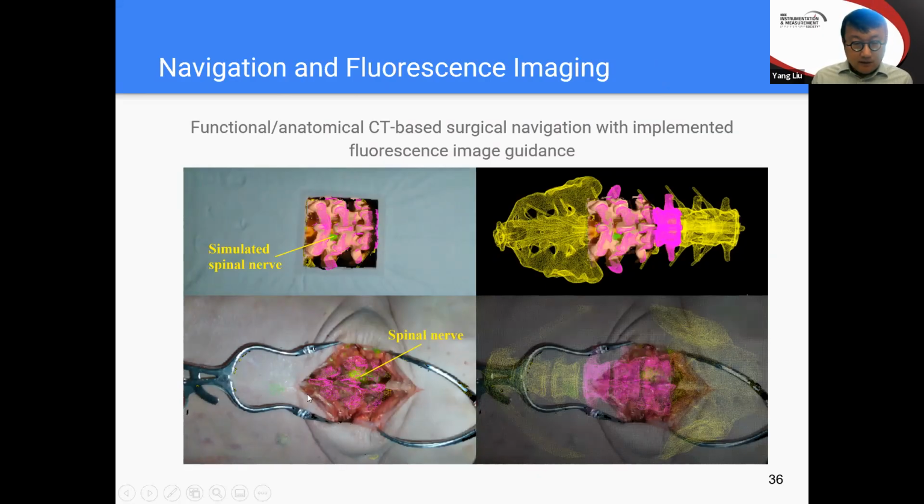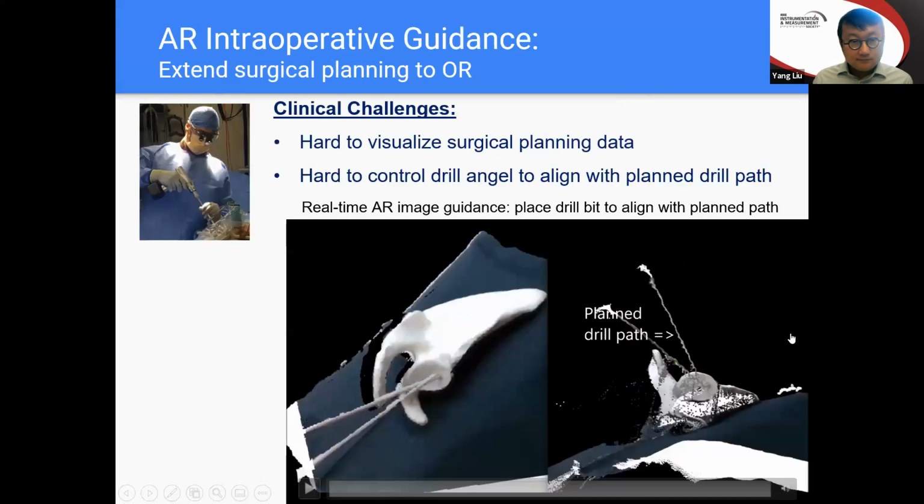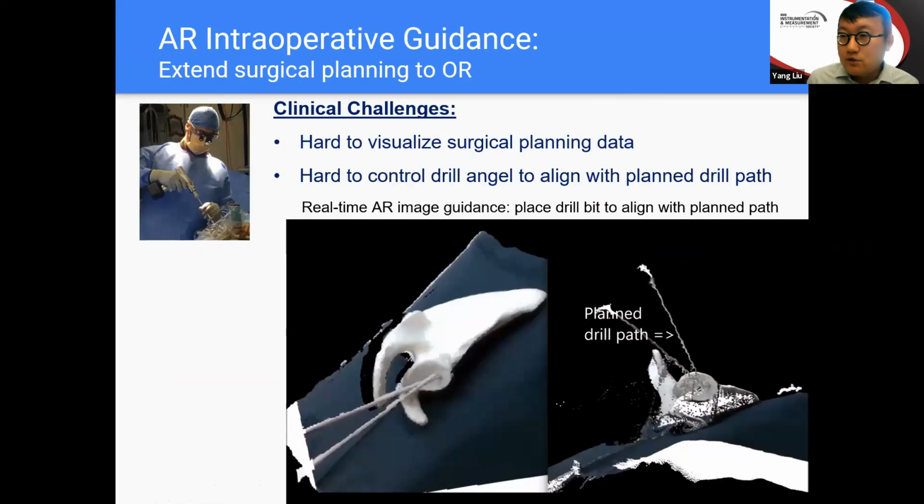Here the vertebral bodies are being registered to CT data, and also we could image the spinal nerves that are fluorescent labeled. And this is very promising because the system allows the surgeon to make a clinical decision in a much easier way, where they can visualize where the hard tissue is, where the bony structure is, as well as where the nerves are. With real-time image registration and surgical navigation, the surgeon can save time and have higher accuracy.